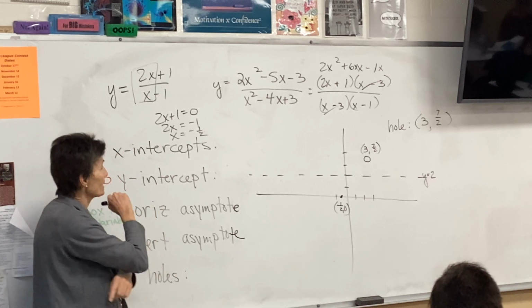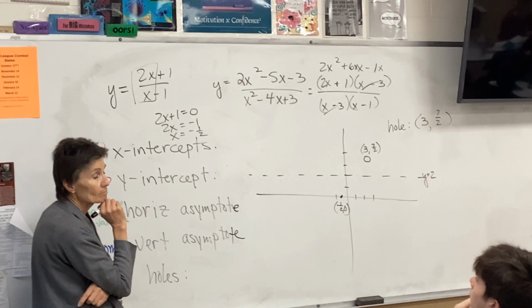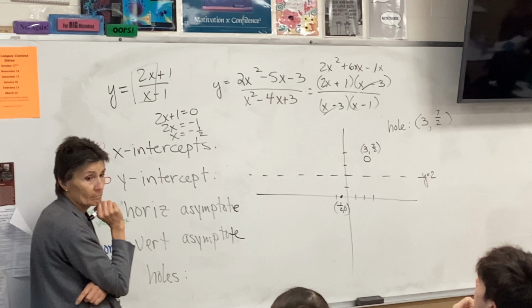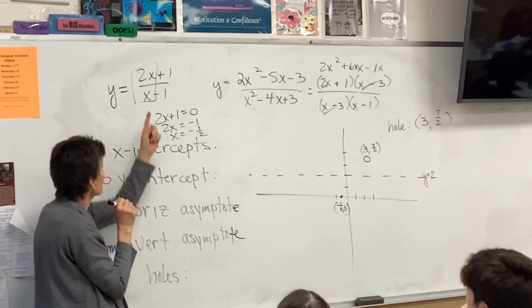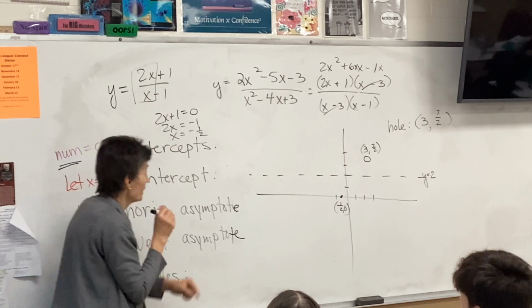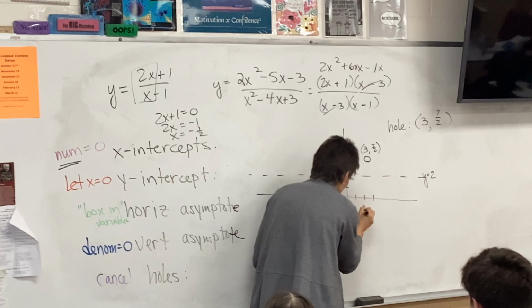Where's my y-intercept? Negative 1, because when I put in 0, I get negative 1. So my y-intercept is right here at negative 1.